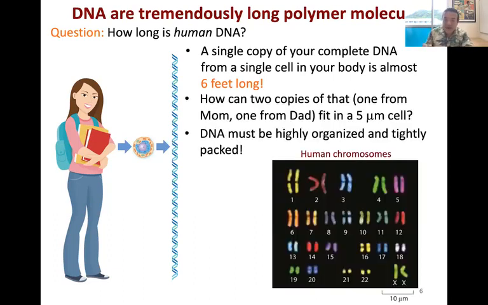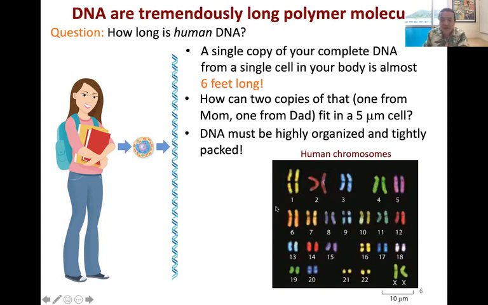So the incredible thing is, how can 2 copies of that, one that came from mom, one that came from dad, fit inside of a cell from your body that is maybe only like 5 micrometers in diameter? So very clearly, the DNA must be highly organized and tightly packed.